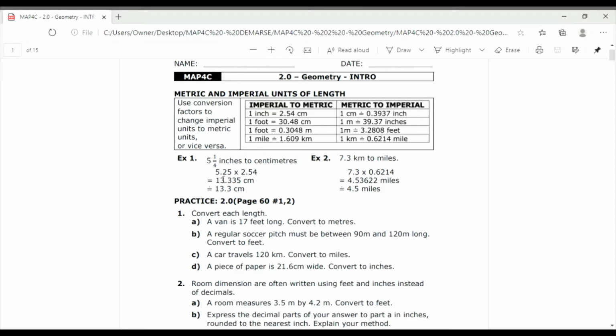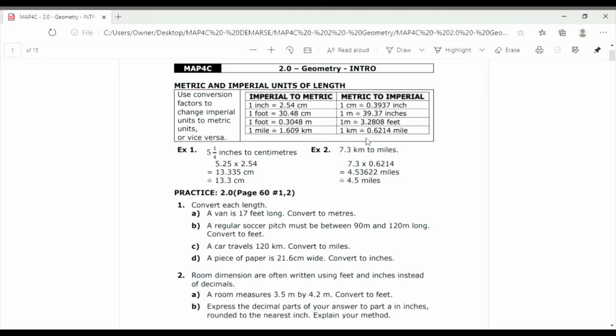So in a calculator, 5.25 multiplied by 2.54 gives us an answer of 13.335 centimeters. Let's round that a little bit to a simpler 13.3 centimeters for our final answer. 5 1/4 inches is equal to approximately 13.3 centimeters.